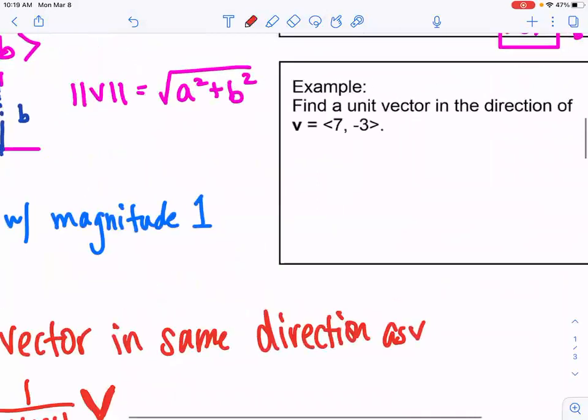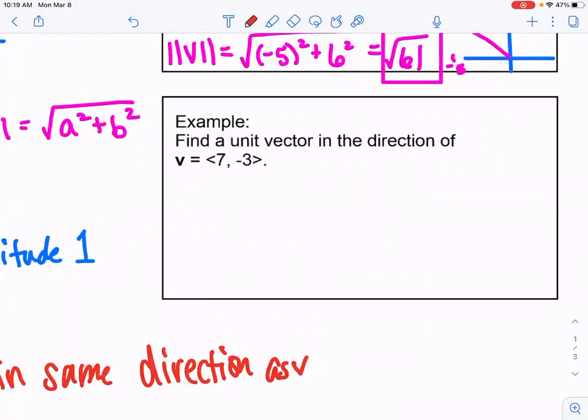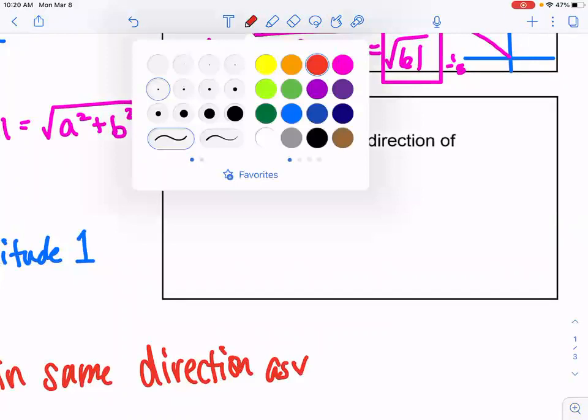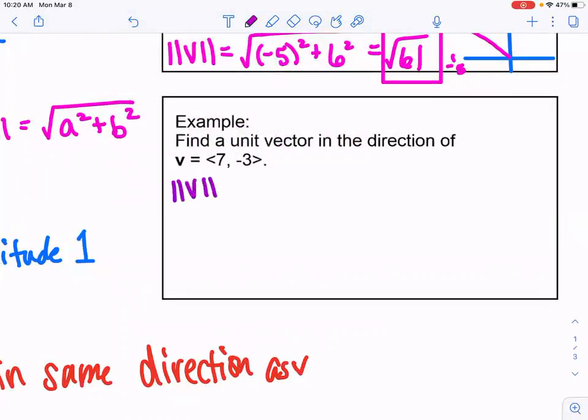So what I want you to do first is come over to this example and find the magnitude of vector v, then compare your magnitude with your buddy and then just stop. I'll show you how to do the rest.